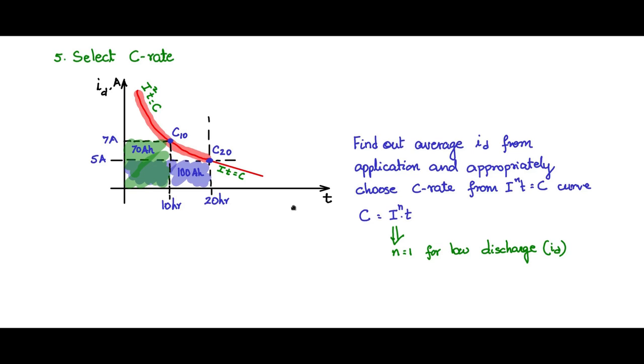And for high discharges we use the square law, n is equal to 2 for high discharge currents, ID being high. So here in these regions you have I square T is equal to C for the discharge currents which are larger. So using this kind of an approximate model, you can select the C rate for a battery for given discharge profiles.